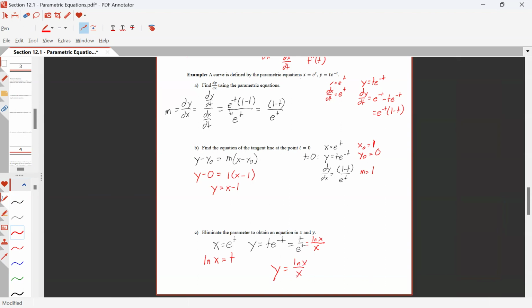Meaning what we have found in part B is the equation of the tangent line when t equals 0, or the equation of the tangent line at the point (1, 0), or x equals 1.